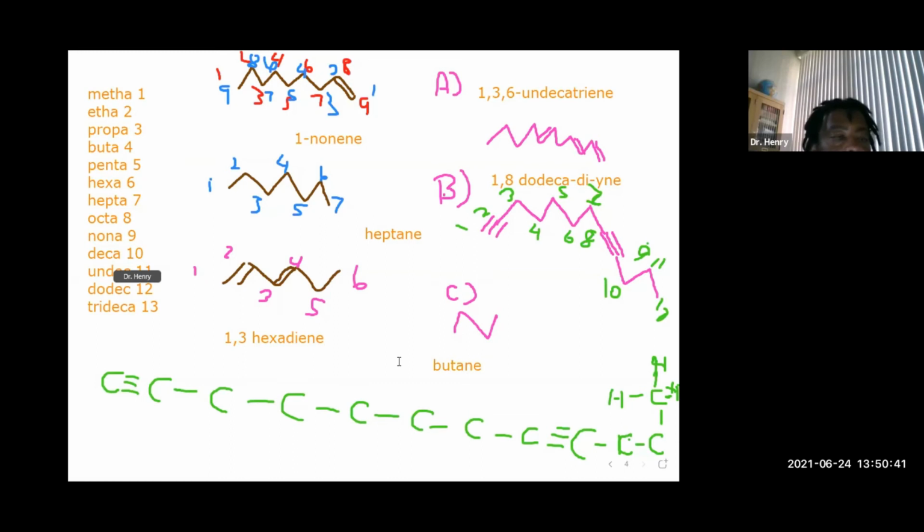Okay, you guys ready for the next one? Because this is too easy, so we're going to make it a little more challenging. Let's see. 1, 2, 3, 4, 5.